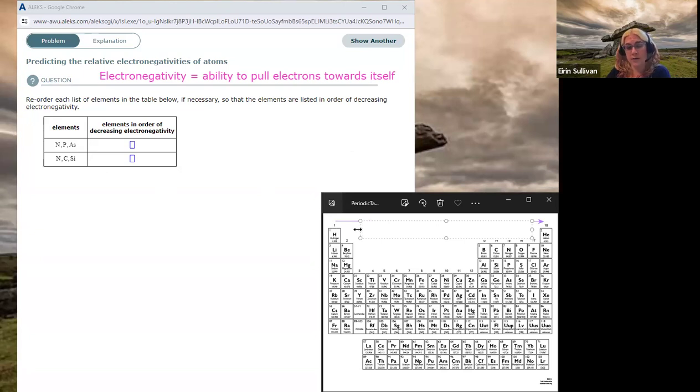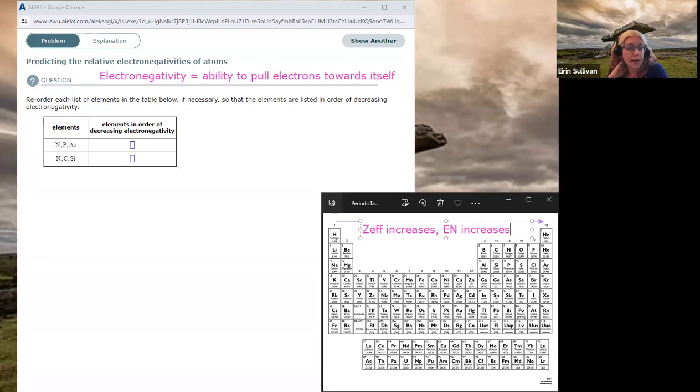So because there's less shielding between the nucleus and those outer electrons that you are adding, those outer valence electrons are experiencing a higher amount of effective nuclear charge, which is why atomic radius decreases as you go across a period. So if your effective nuclear charge is increasing, your electronegativity is also increasing, up to fluorine.